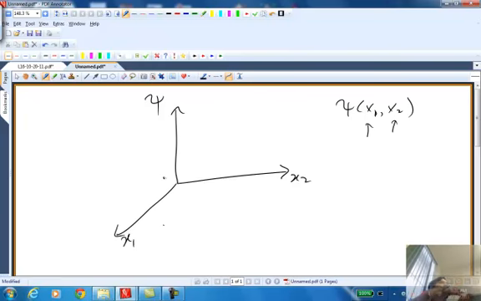Now let me ask you this. If I give you a function psi, in fact, there is a little exercise that is coming later on, how will this function look? It'll be a surface. It'll be a hill, for example, a mountain.